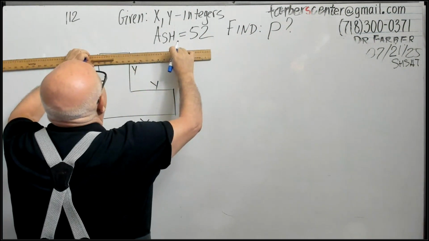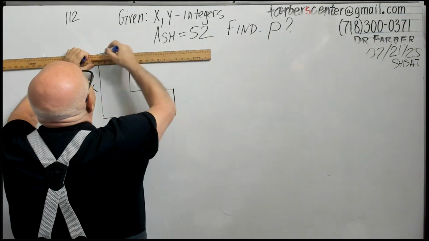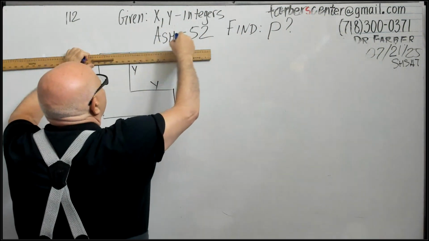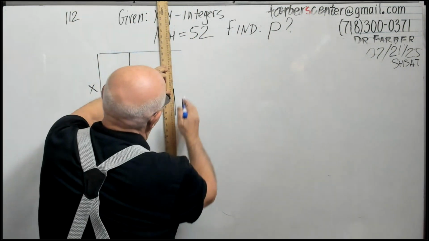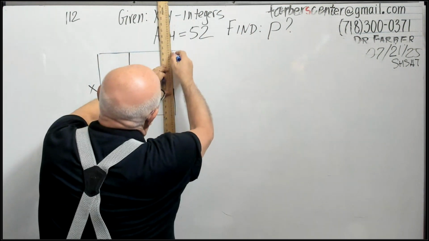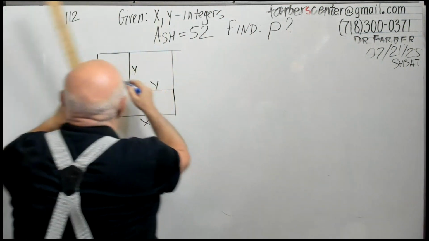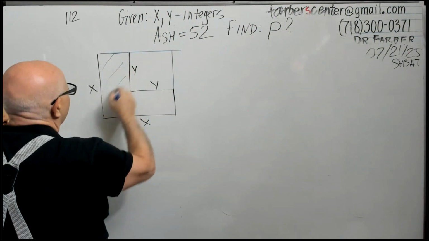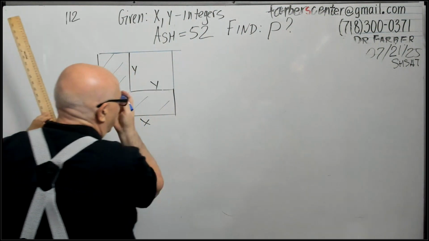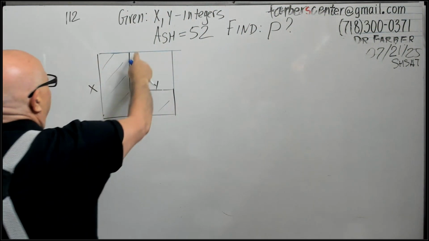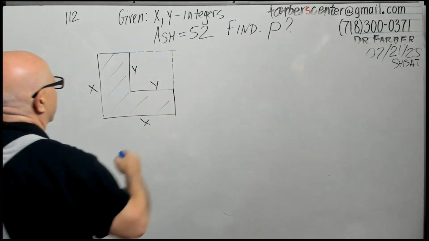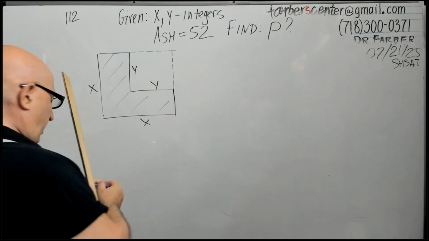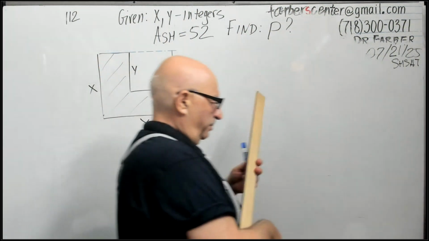For the shaded area, I will expand this side and expand this side. And this is shaded. And these extra lines I made for the solution. Okay.